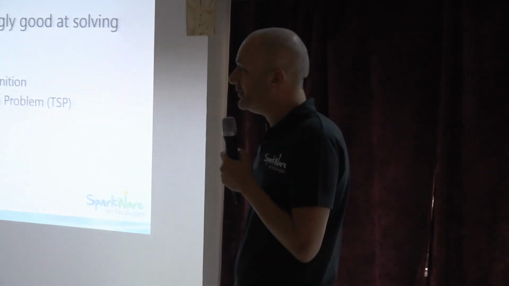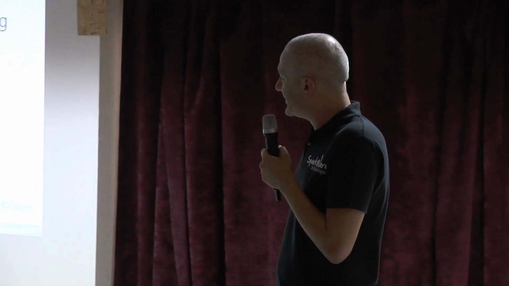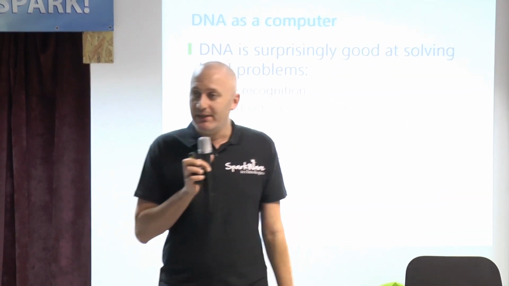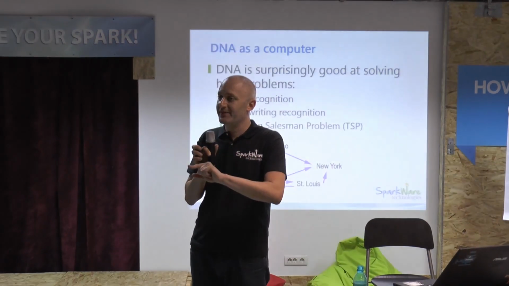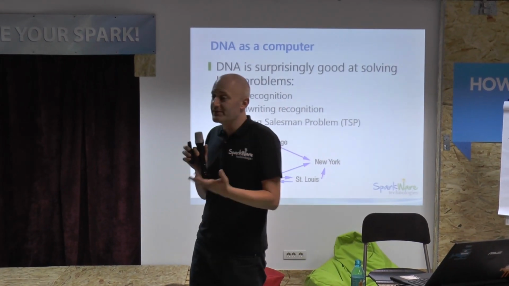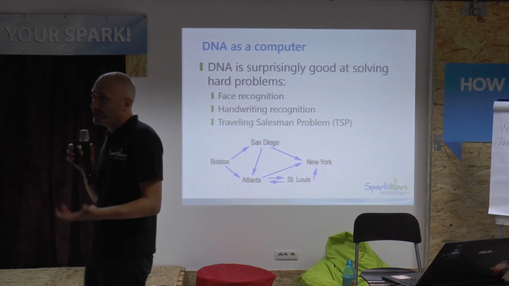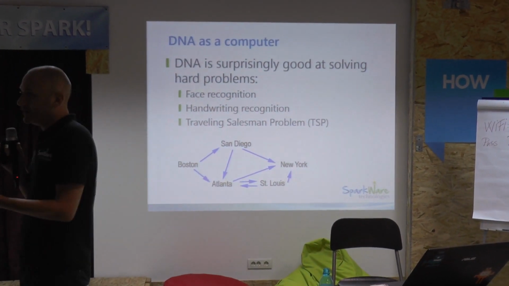Another good example is the traveling salesman problem. It's a very classic problem. Basically, it's something that looks like this. If I have a salesman that has to go to all of the cities in the US, Boston, San Diego, New York, St. Louis, and Atlanta, and each road takes some time, and I want to find the shortest path that goes through all of them. It's a very classic algorithmic question in computer science.